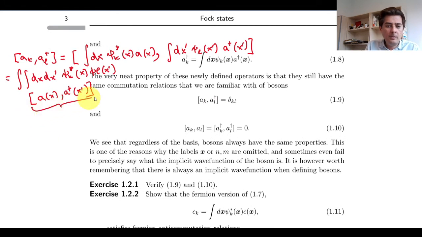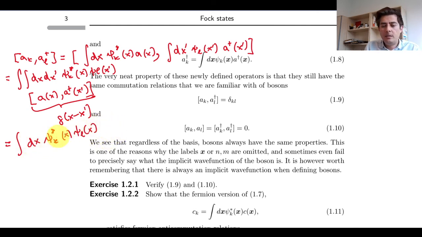So this part of it we can replace with that delta function. Then this integral here collapses to basically the same variable. Okay, and then we'll have psi k star x and then psi L of x.